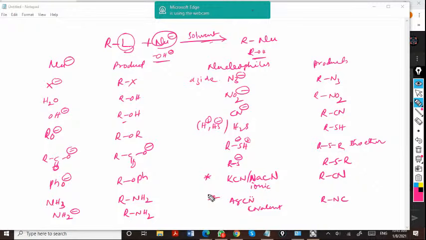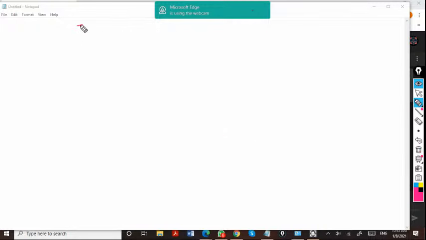Generally, based on the molecularity of the reaction, they are defined as SN1 and SN2. You might be wondering what this SN1 and SN2 are.